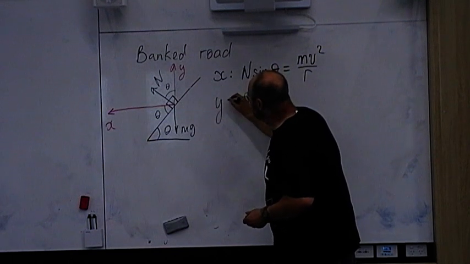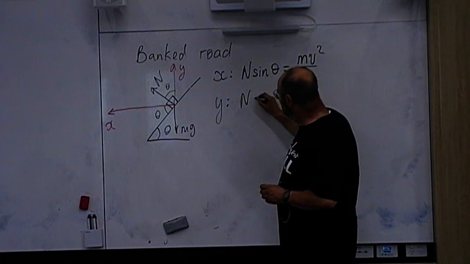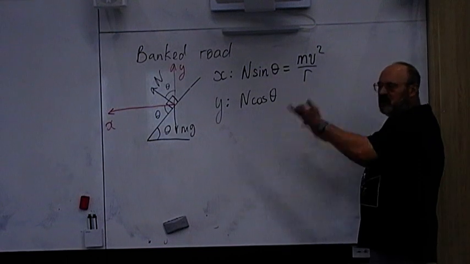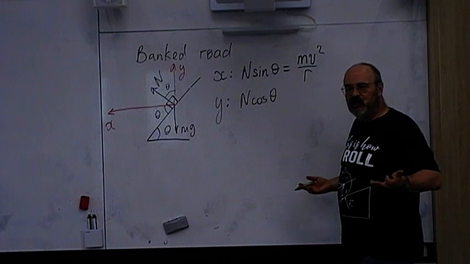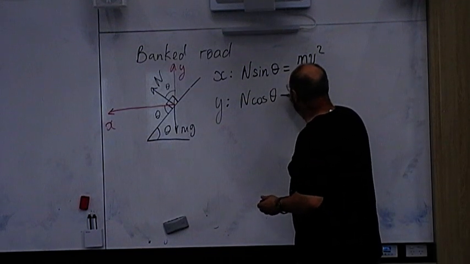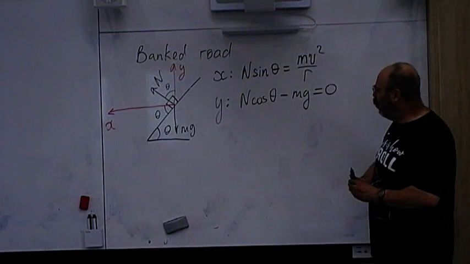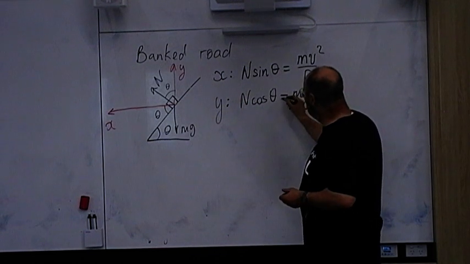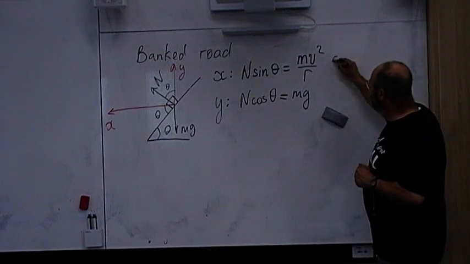In the y direction, we will have N cos theta minus mg equals 0. Even if you don't know trigonometry, it's easy to guess that if in x it's sine, then in y it has to be the other one. So N cos theta equals mg. That's equation 2, and the x equation is equation 1.